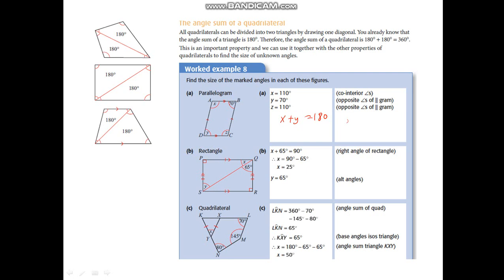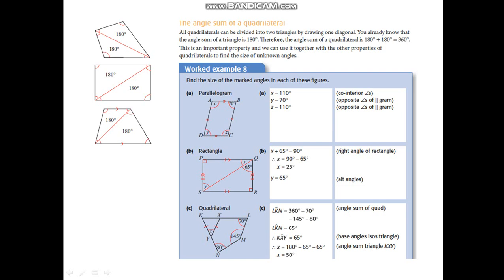It was the rule of C. When you add these two angles, you will get 180. So I know the value of y. X plus 70 is equal to 180, and here x is equal to 110 because 110 plus 70 is equal to 180. So x is equal to 110, and also z is equal to 110 because of opposite angles. X is equal to z, y is equal to 70.